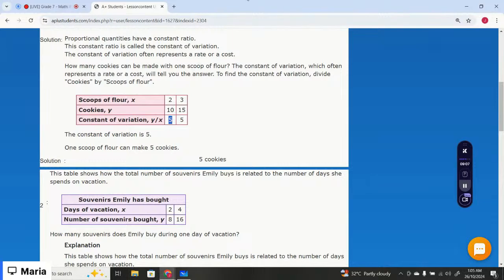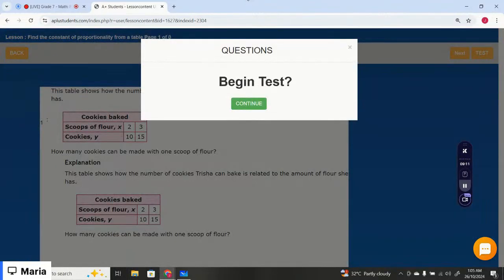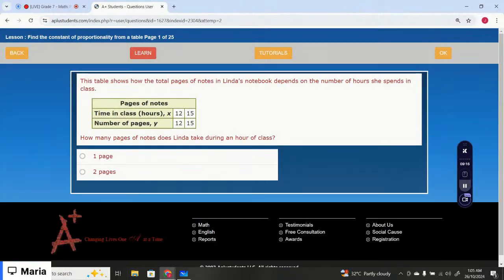Let's just start with the test questions. The table shows how the total pages of notes in Linda's notebook depends on the number of hours she spends in class.